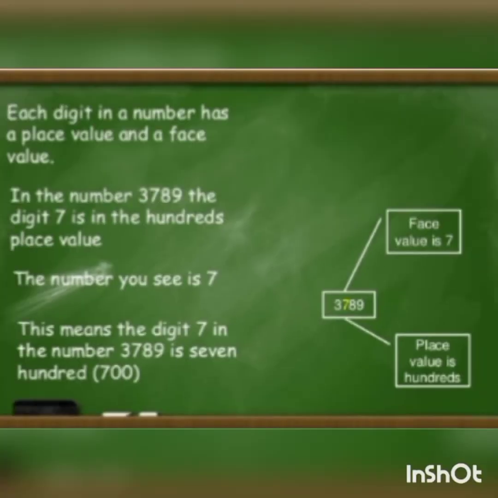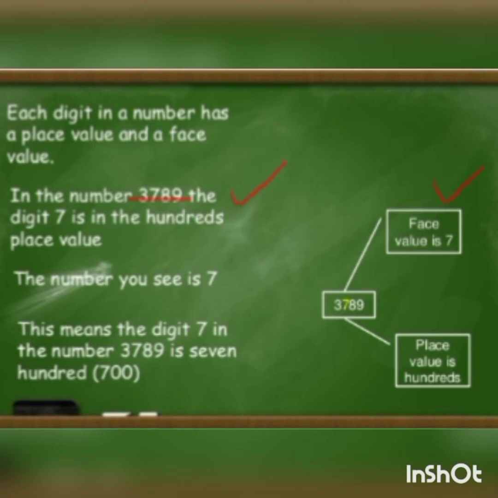Let's see a combined example of place value and face value. Each digit in a number has a place value and a face value. Students, you can see that in the number 3789, the digit 7 is in the hundreds place. The number you can see is 7. This means the value of the digit 7 in the number 3789 is 700, as its place value is hundreds.